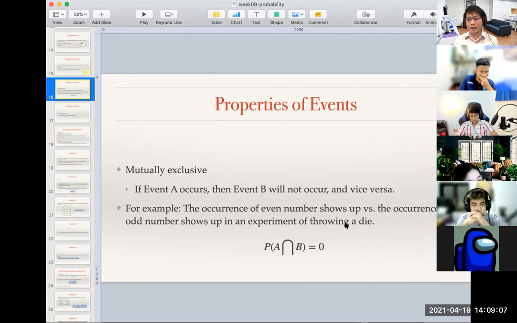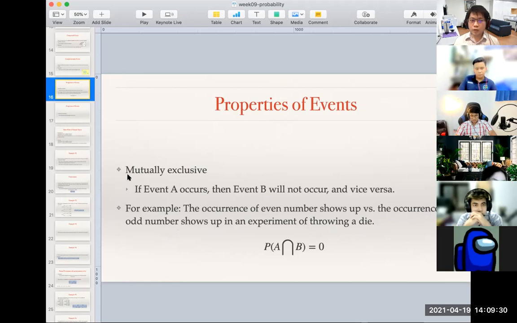You cannot get number 1 and 2 at the same time, right? If the event is that only an odd number shows up, it means you only have 1, 3, and 5. You will not have the other way around.